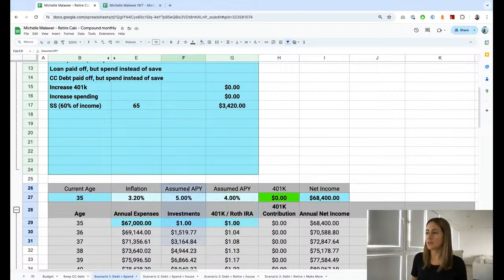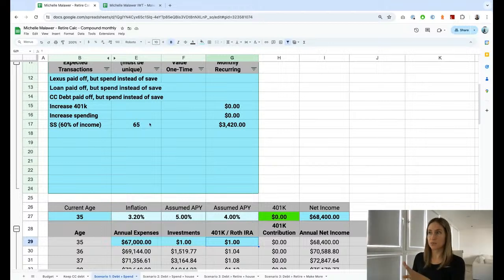The 5% is for investments and the 4% is for retirement. The $1 is because if I put 0, it breaks. So I have to put something so it doesn't break. But this is modeling $0. $0 getting added.